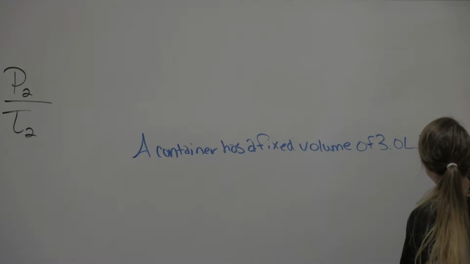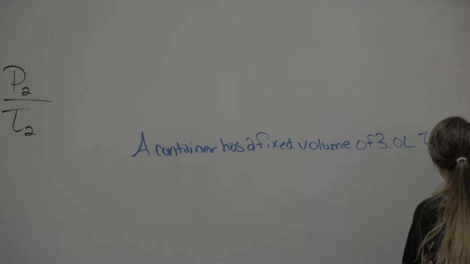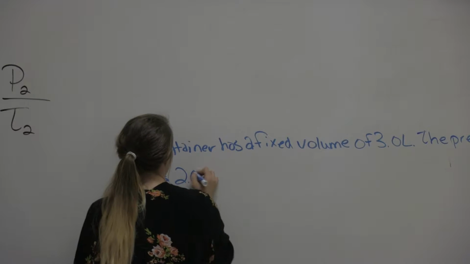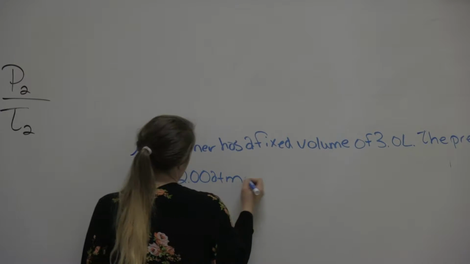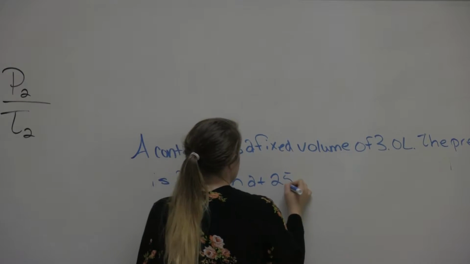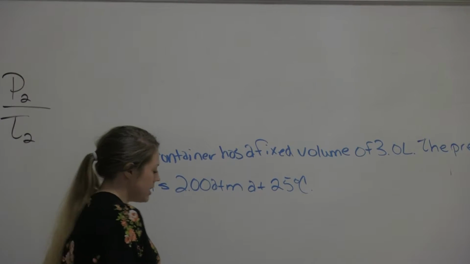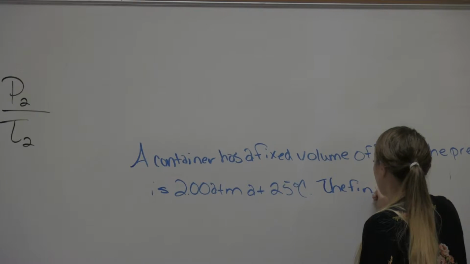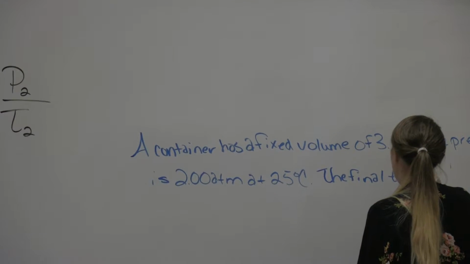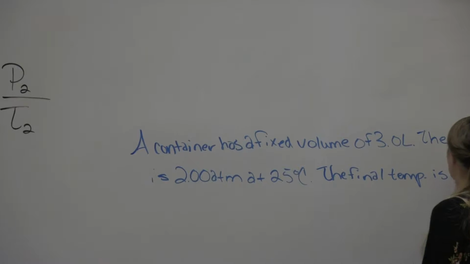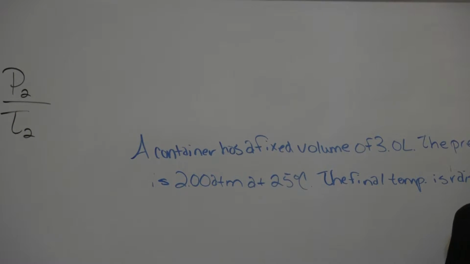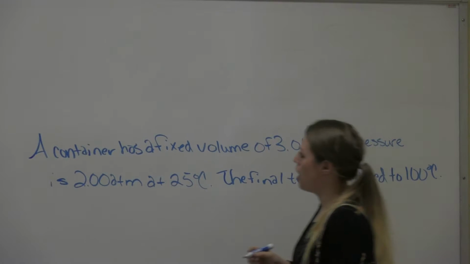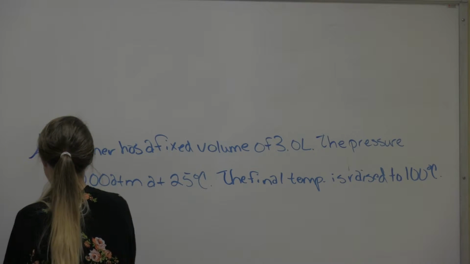The pressure is 2 atmospheres at 25 degrees Celsius. Okay, and we'll say that we raise the temperature, so the final temperature is raised to 100 degrees Celsius. Okay, and we want to know what is the final pressure.